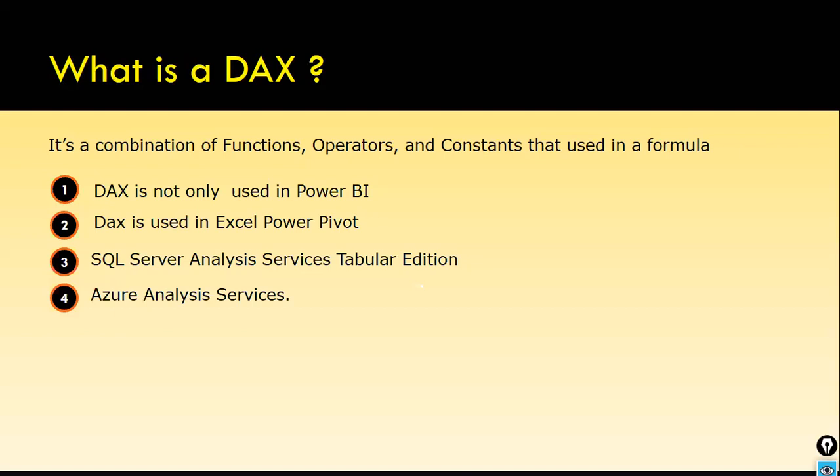Also, DAX can only be used to filter or query a physical table. You cannot make any changes to the underlying physical table. For example, you have an Excel file or CSV file, and whatever calculations you do using DAX will not impact your underlying physical file.